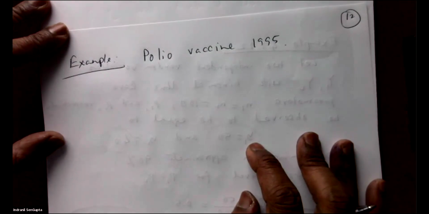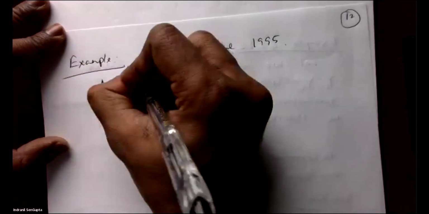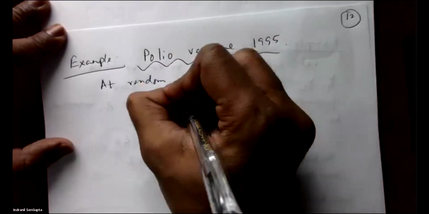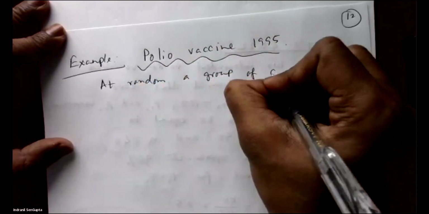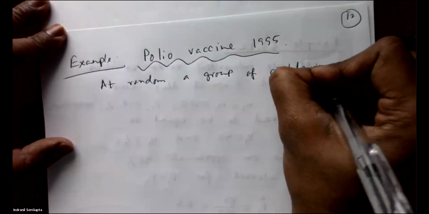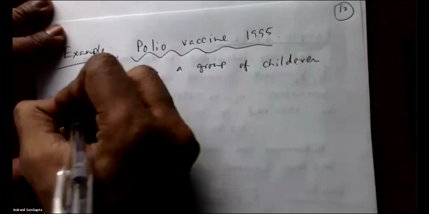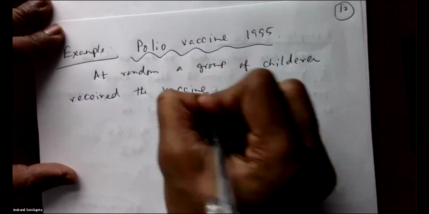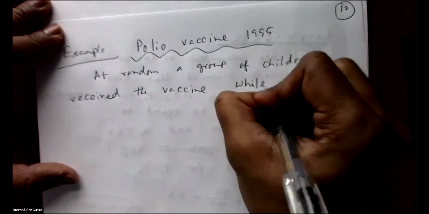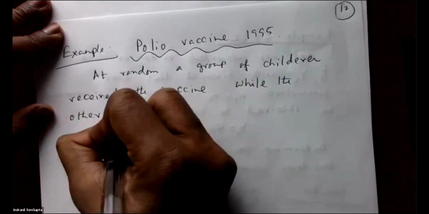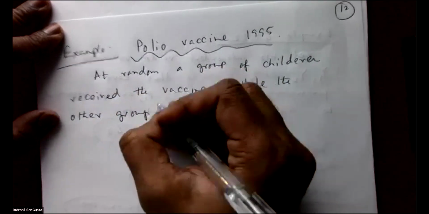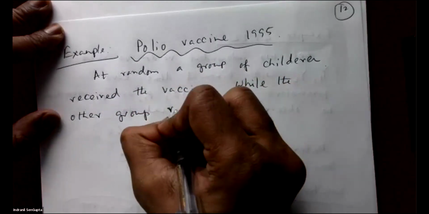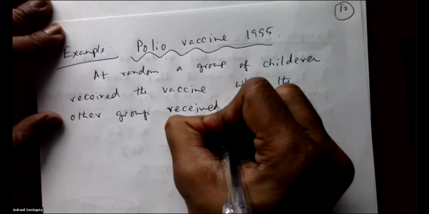But what it does is, at random, a group of children received the vaccine while the other group did not, or they did not receive a vaccine, they received a placebo.